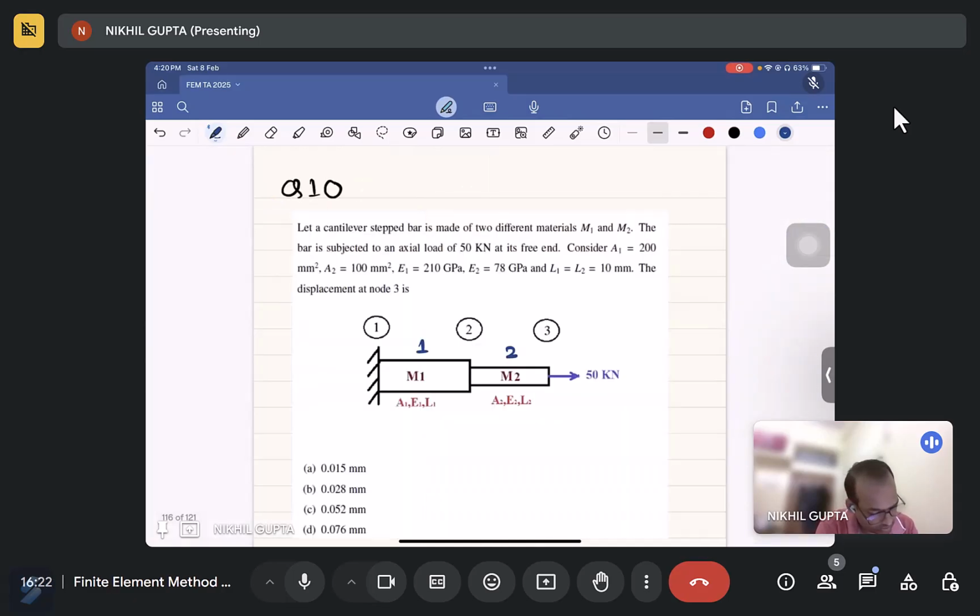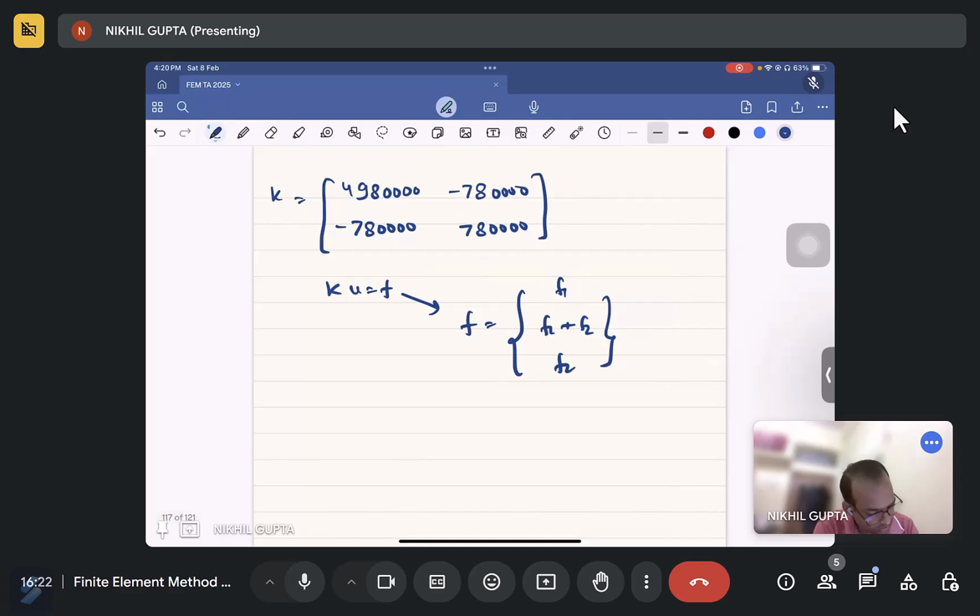So we shall see the question. F1 is unknown, F2 is 0, and F3 is known. You should write it as F1 at 1, F2 at 1, F1 at 2, F2 at 2.